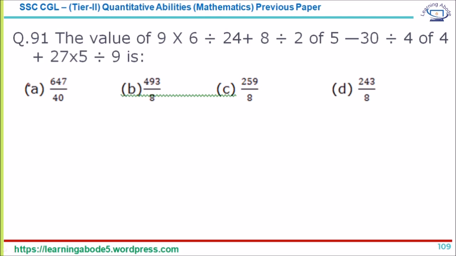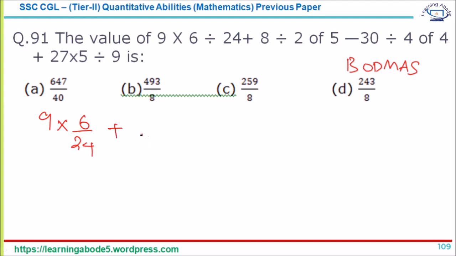Now 91. So let us just try to write it in a simple form. So 9 into 6 by 24. Now we know the BODMAS rule. Bracket of division, multiplication, addition and subtraction.